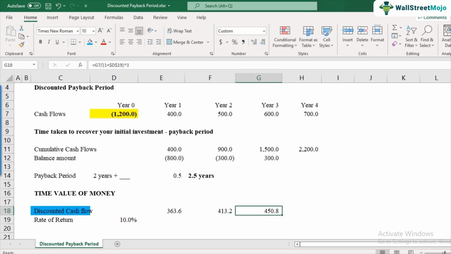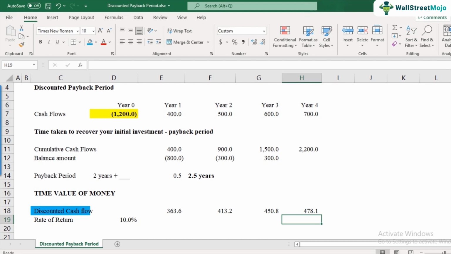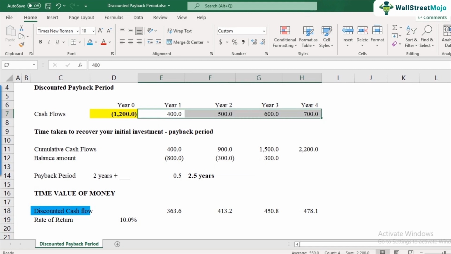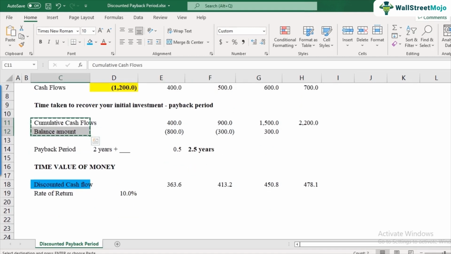To the power of 3, this will be 450.8 and 478.1. So here I'm doing nothing but I'm basically calculating the present value of these absolute cash flows. Now, once I have all of these, the approach to calculate the payback period remains exactly the same as we did earlier. So I'll just copy and paste this here.